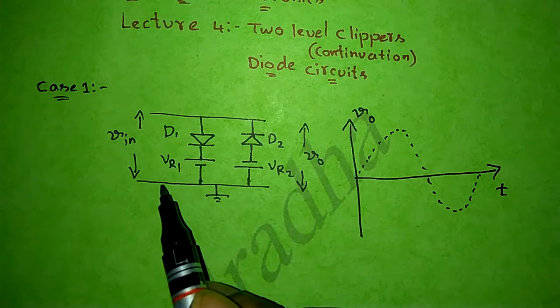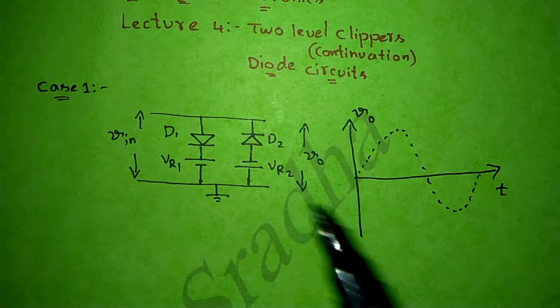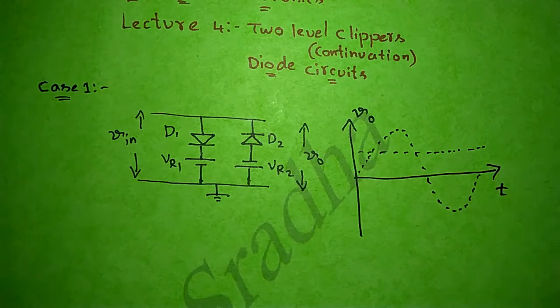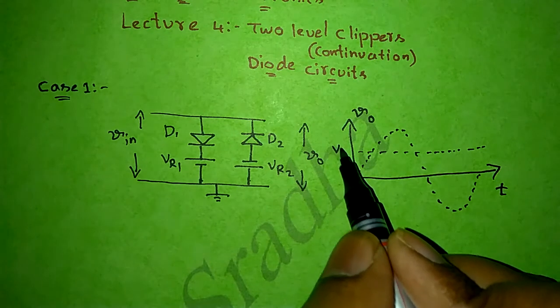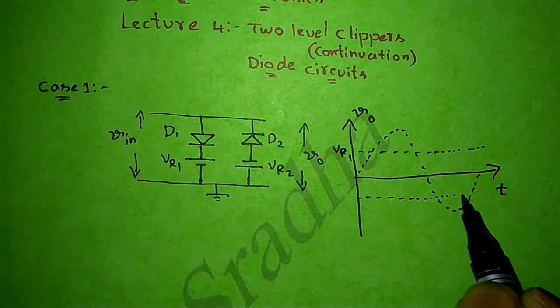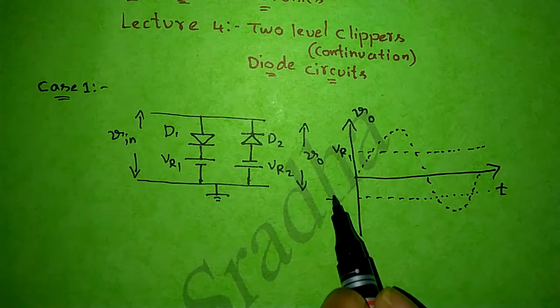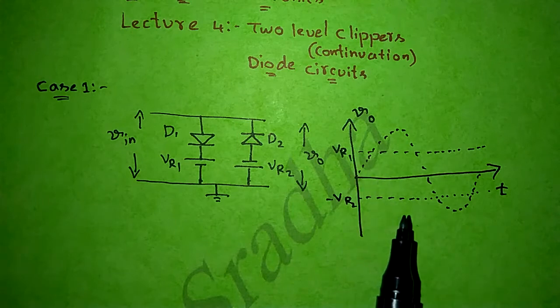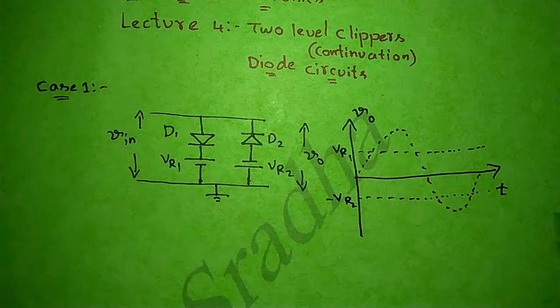See, VR1 is positive and VR2 is negative. So on the positive side, I will write one fixed voltage and represent it as VR1. On the negative side, I will represent one line and name it minus VR2. See, these two reference voltages and this input waveform are all for reference purpose only.